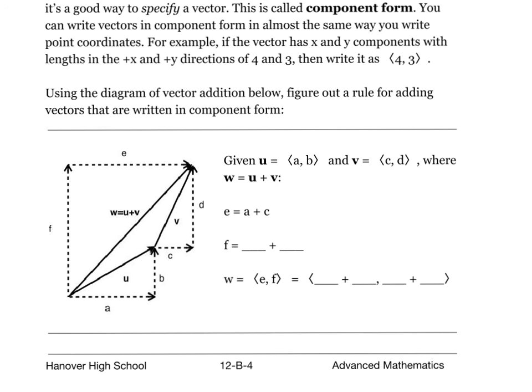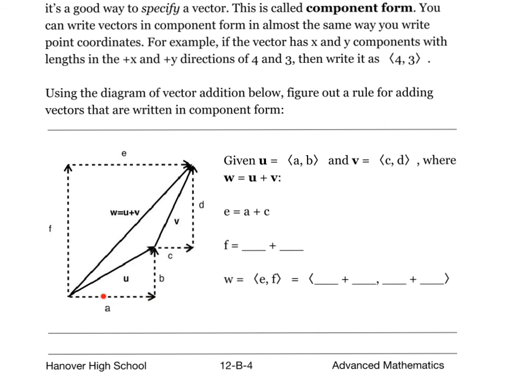Okay, so because all the component vectors are parallel to the x and y axes, we can easily add them together because the sum of those vectors, like if we look at vector E, that's equal to A and C added together. And we can add these vectors together as vectors head to tail, and they would be equal in length to this vector and in the same direction. We can also think of this as just adding their magnitudes.